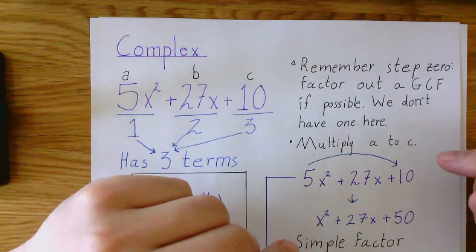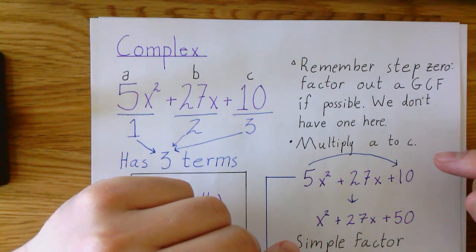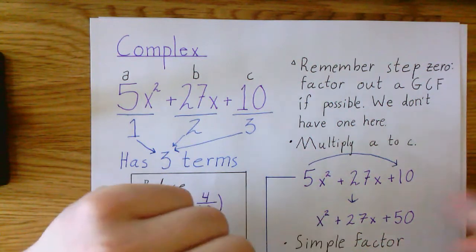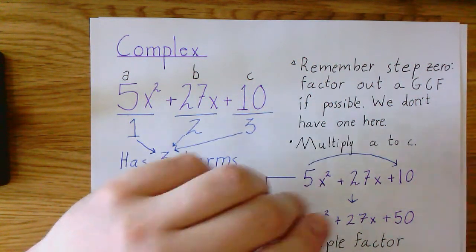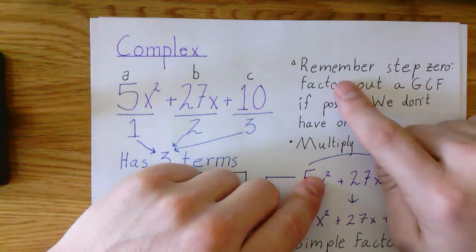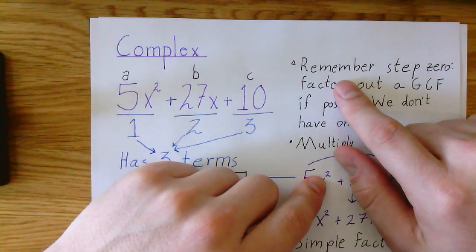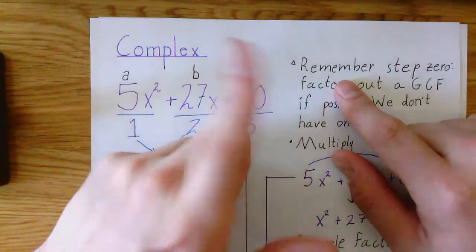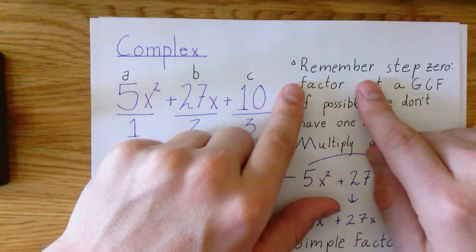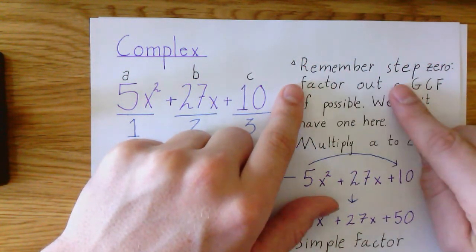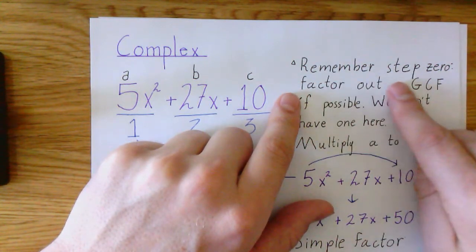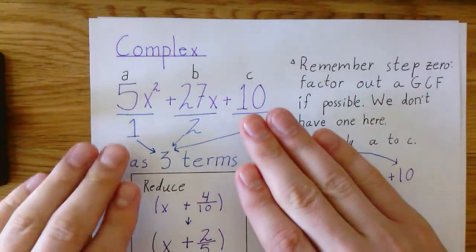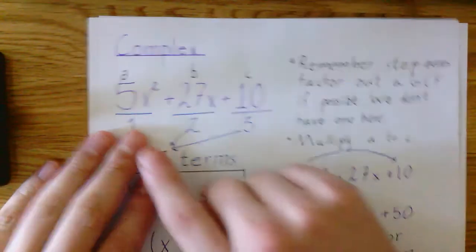Whatever mantra you like to say that chills you out. Say that. Go. Factoring, what are we going to do first? Oh, I remember there's something I'm supposed to do right now. Maybe I should look at my notes. Look, Mr. Barton thought ahead for me. Remember, step 0, factor out a GCF. Factor out if there is one.